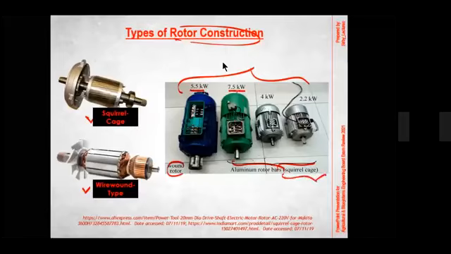Right here, if you would notice, we have 7.5 kilowatts, and that's the size for a squirrel cage. But this electric motor is just 5.5, yet its size is larger compared to this one.